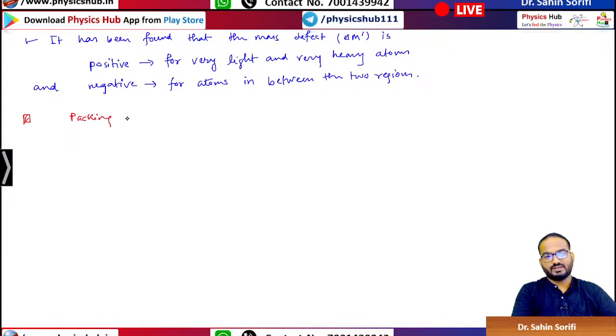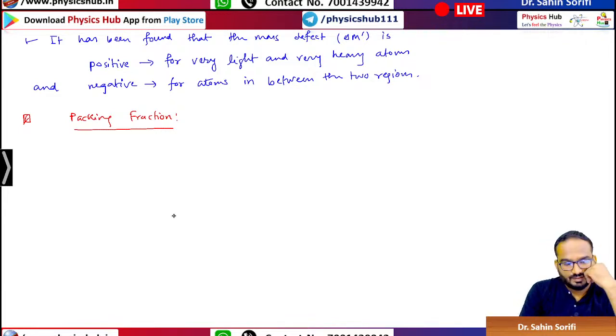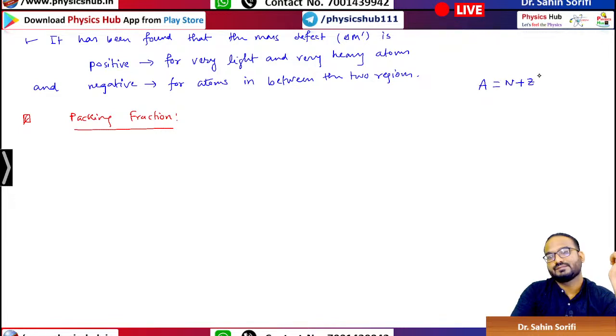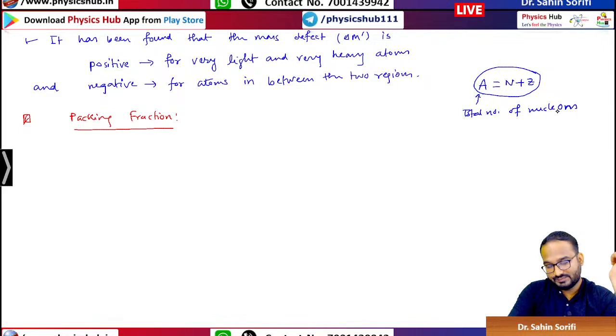It's a small thing, it will not take much time. What is packing fraction? Packing fraction is mass defect per unit mass, or mass defect per nucleon. A is what? N plus Z, the total number of nucleons. So if you divide the mass defect by the total number of nucleons, that gives you the packing fraction.